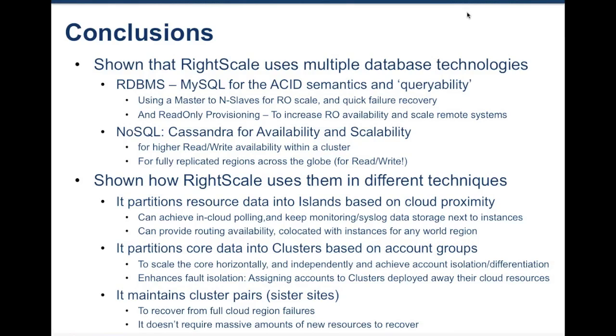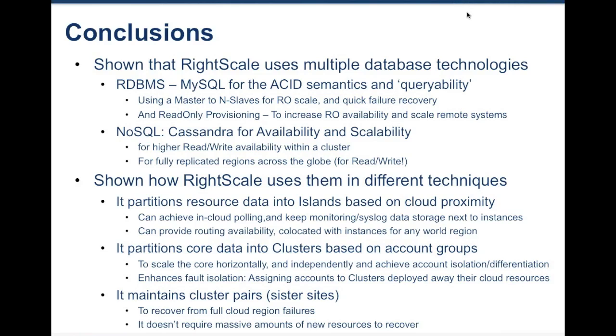Okay, thanks, Jose. So in concluding, I think we have shown you how RightScale uses multiple database technologies. We use MySQL, a relational database, and we like it because of its ACID semantics and queryability. At the same time, in some of our services we like to use Cassandra, for availability and scalability.